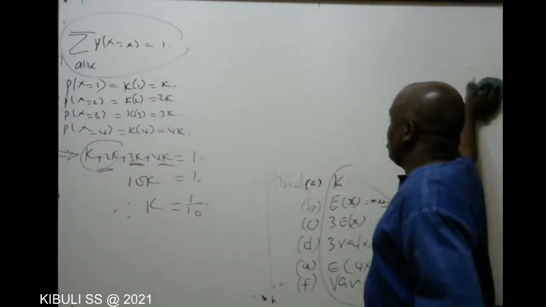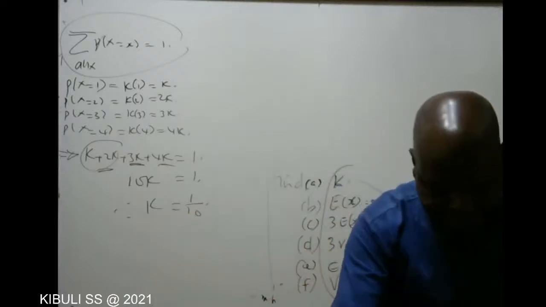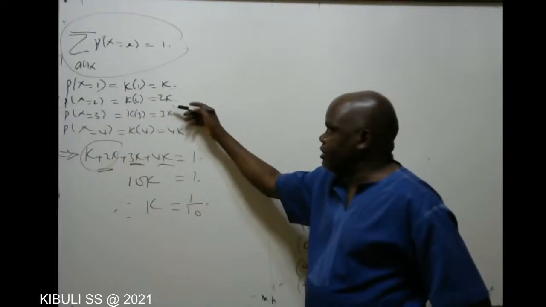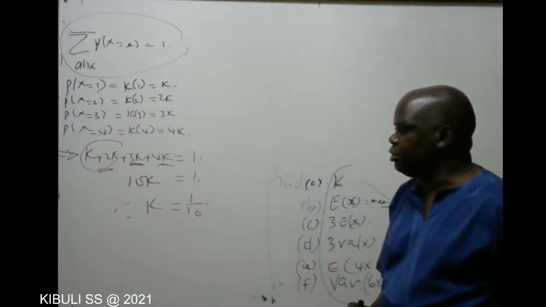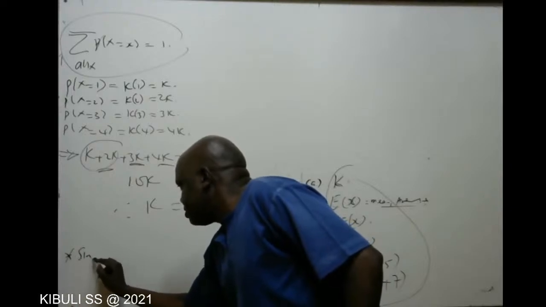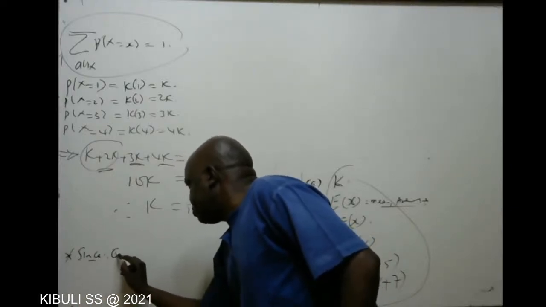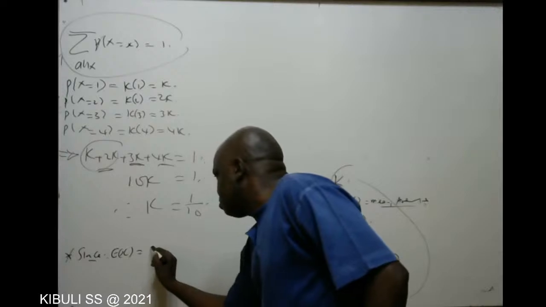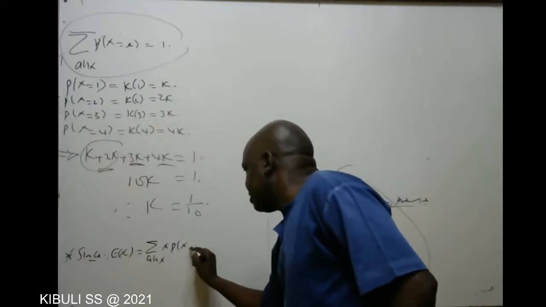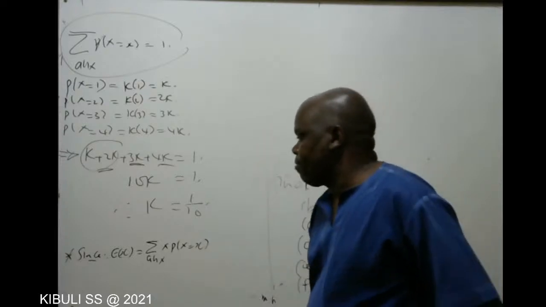Application of our concepts now. We have already known the probability, so we now have the probability distribution. Keep this at the back of your mind. Expectation of x is equal to the sum of all x times probability of X equal to x.